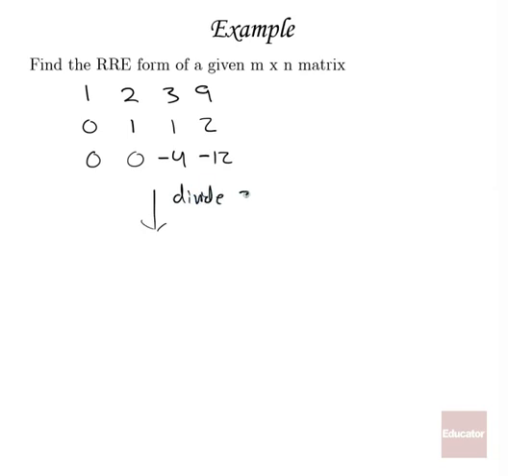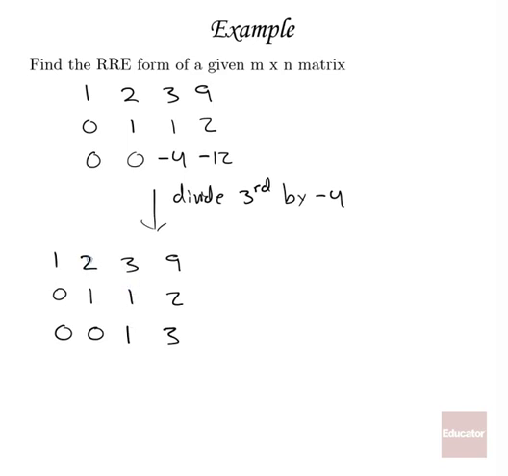We divide the third by negative 4 to get 1, 2, 3, 9, 0, 1, 1, 2, 0, 0, 1, and 3. So now we have that. And now we have our 1, we have our 1, we have our 1. We need to convert this to 0, 0, and we need to convert this to 0.